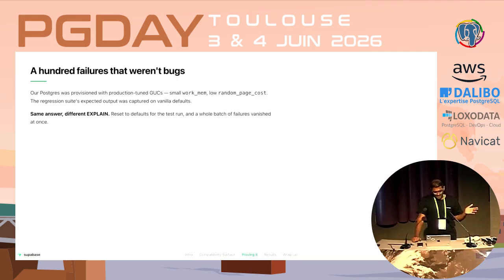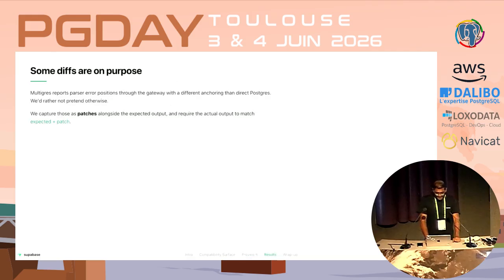What resulted was that even though the output was correct, the EXPLAIN output was different. As a result, the regress was failing because it is doing a byte by byte match. The moment we reset those settings back to the default ones, a whole bunch of errors just evaporated at once. The lesson is a small reminder that configuration is extremely important, so you have to pay attention to that.